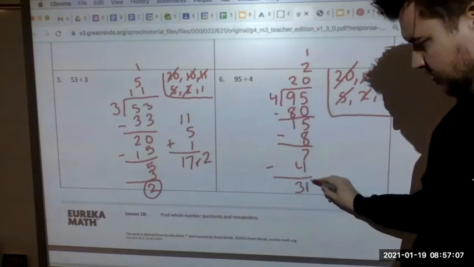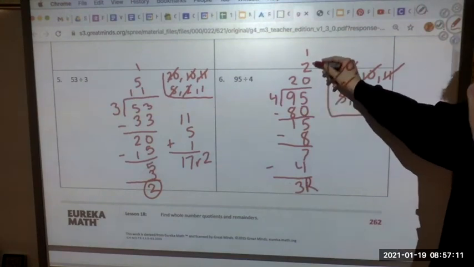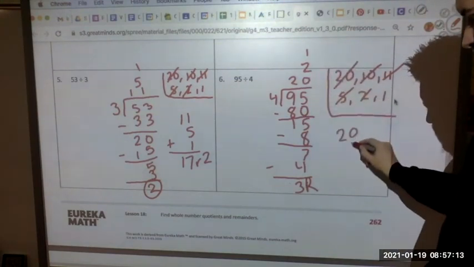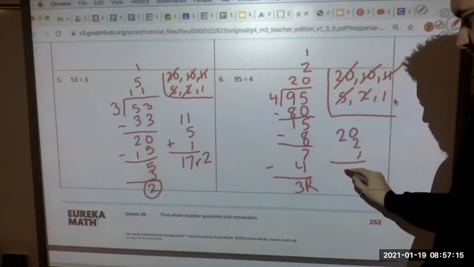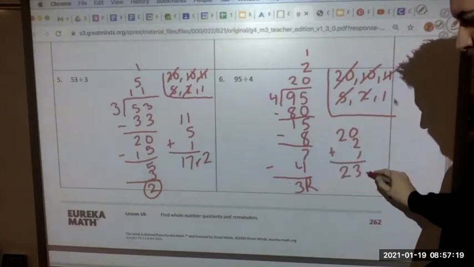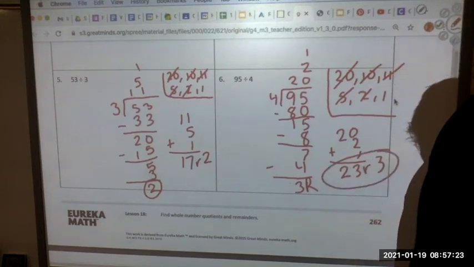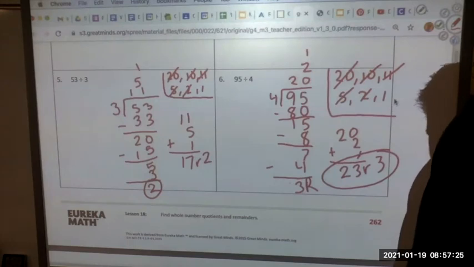That is a remainder. So my answer is right here, 20 plus 2 plus 1. You should have gotten 23 with a remainder of 3. All right. We're going to move on to the next ones.